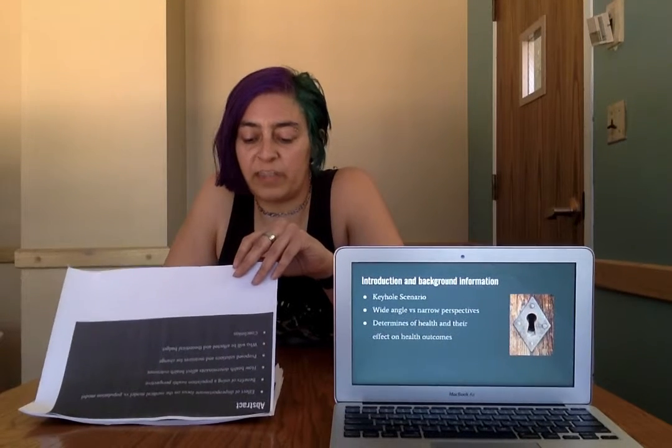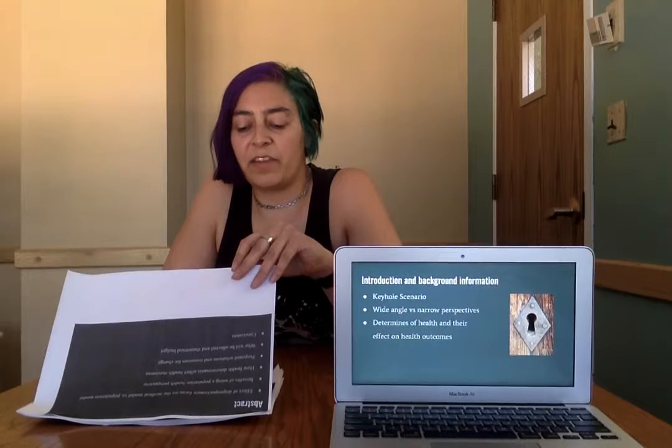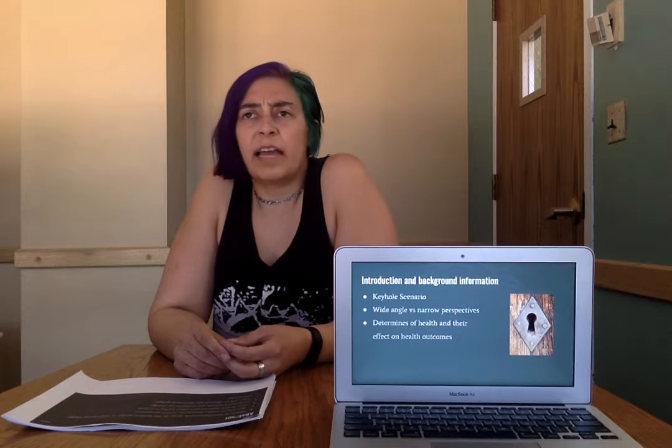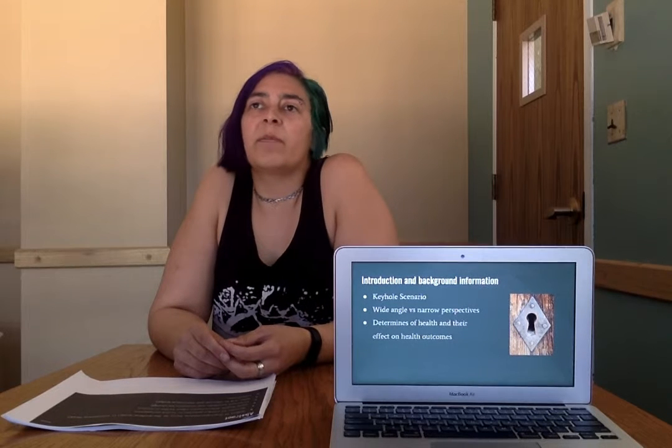Also, I wanted to talk about determinants of health and their effect on health outcomes. So determinants of health, as Monique had mentioned before, come in a different array. Some of them are physical, some of them are social, and some of them are economic. I'm just going to give you a few examples.